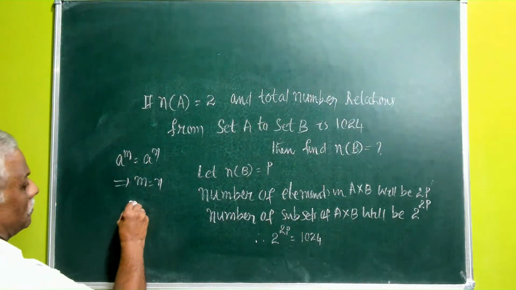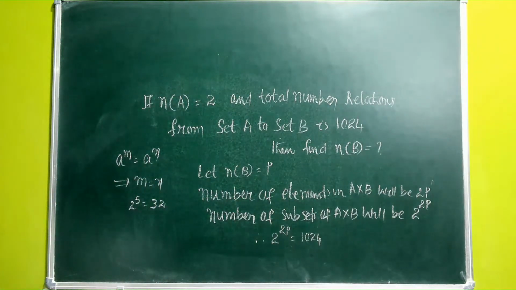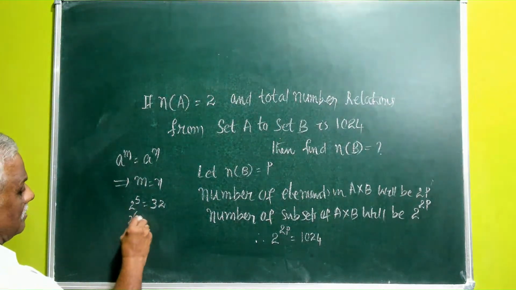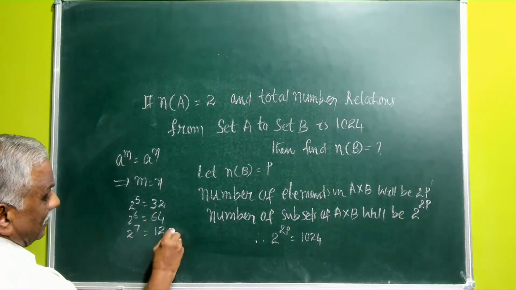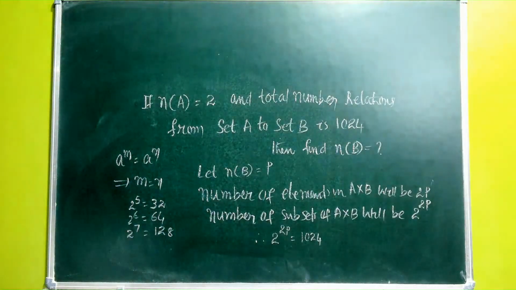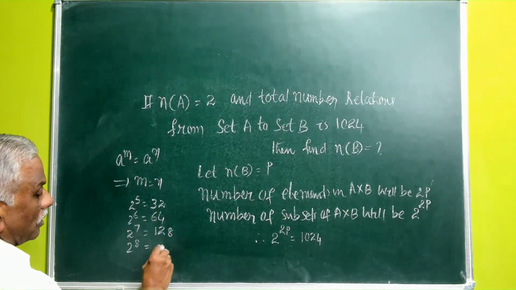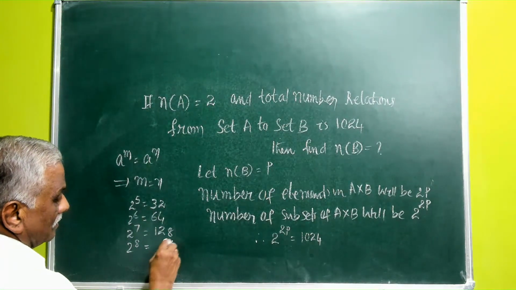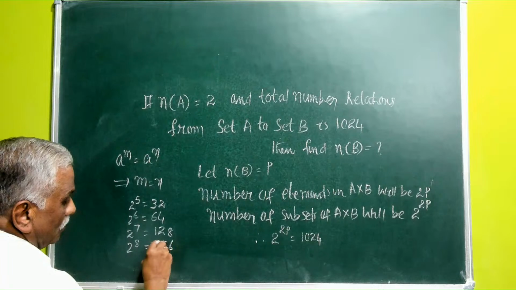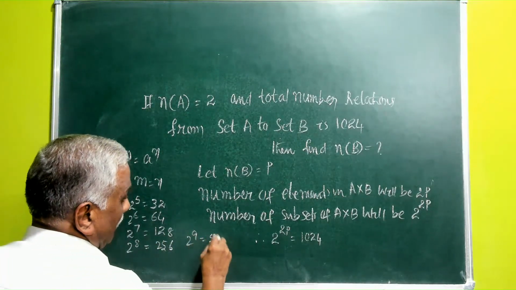See, all of us know 2 to the power of 5 is 32. Start calculating. 2 to the power of 6 is going to be 64. 2 to the power of 7 is going to be 128. So what is 2 to the power of 8? It is 256. 2 to the power of 9 is 512.